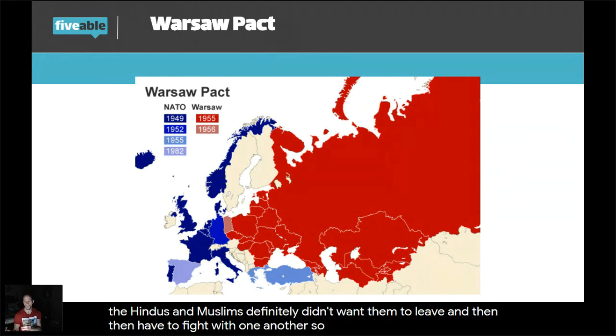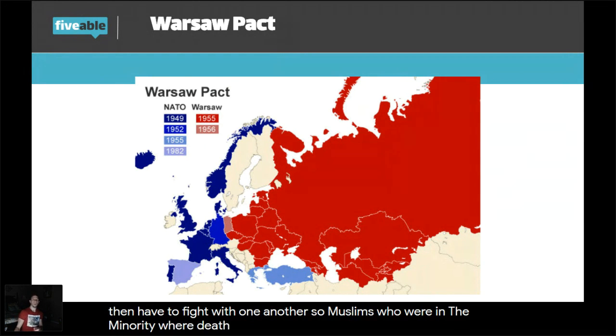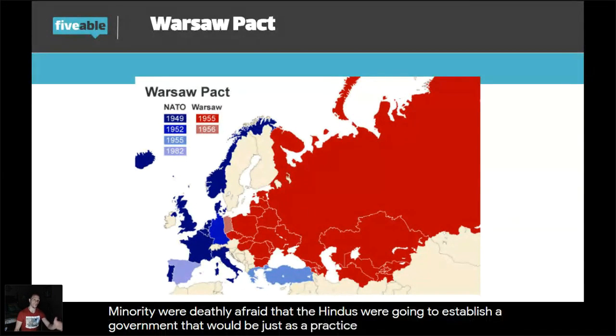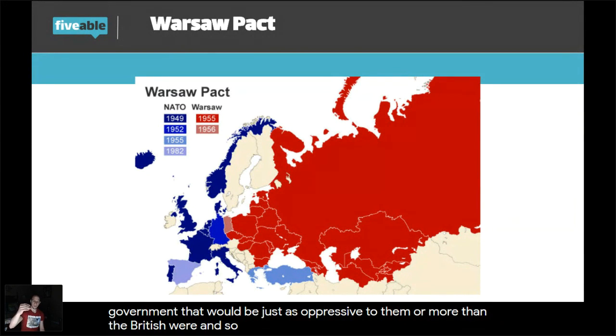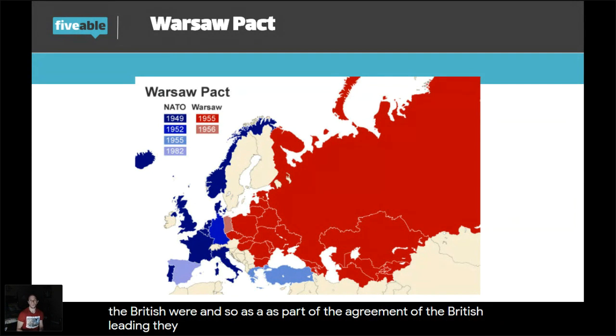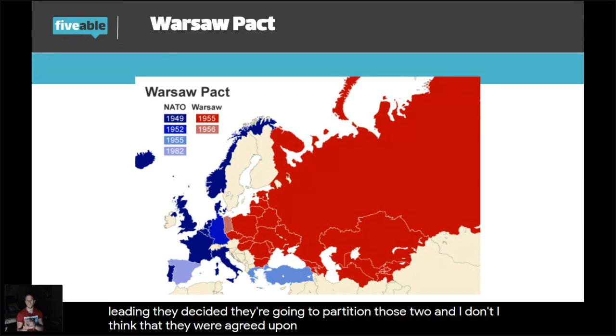So Muslims, who were in the minority, were deathly afraid that the Hindus were going to establish a government that would be just as oppressive to them or more than the British were. And so as part of the agreement of the British leaving, they decided they were going to partition those two. And I think that they were agreed upon by the Muslims and the National Congress there.